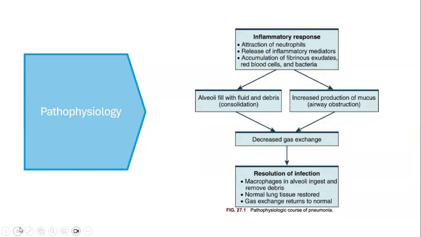All the fluids and exudates fill the alveoli with fluid and debris, and also increase mucus production in the airway that can cause airway obstruction. All those things make the situation worse in the lungs. So there is a decrease in gas exchange, and then at the end, it will develop into the resolution of infection.